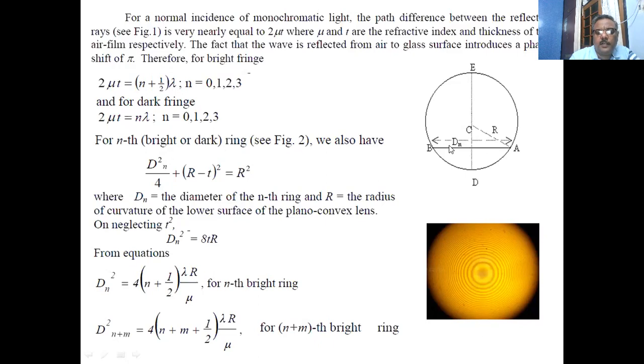And from this figure, this is the sphere of which the lens is a part. This is the circular fringe, and this is the diameter of the nth ring.